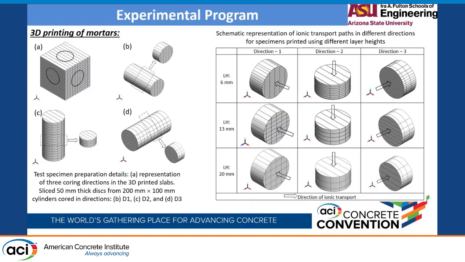For example, in 6 mm layer height and direction 1, the chloride ion transport will be parallel to both interlayer and interfilament interfaces, while in direction 2, the ion transport will be parallel only to the interfilament interfaces, and the interlayer will be perpendicular to the direction of ionic transport. And in direction 3, the ionic transport will be perpendicular to the interfilament interfaces, and it will be parallel to the interlayer interfaces. And as we increase the layer height, this number of interfaces will change for different ionic transports.